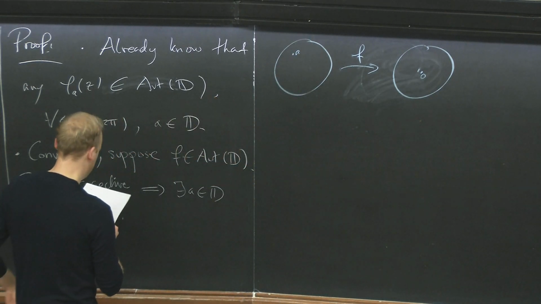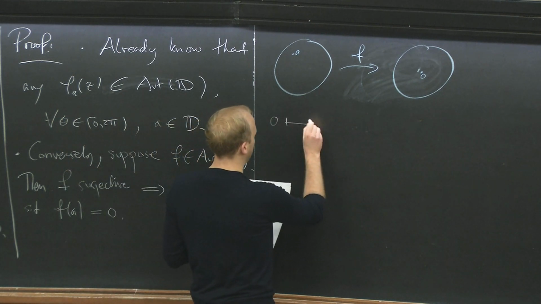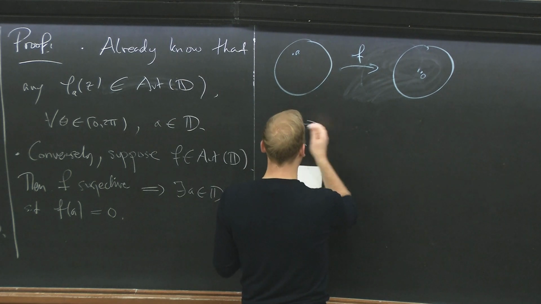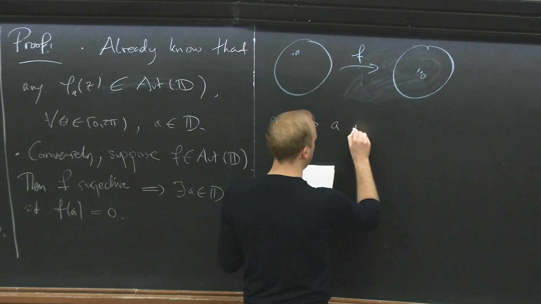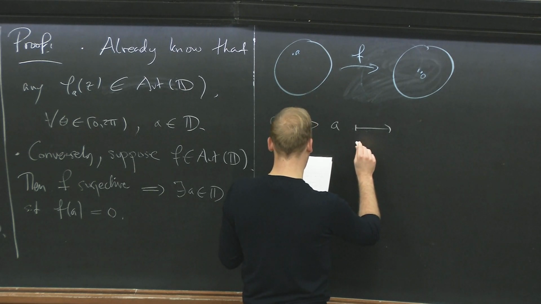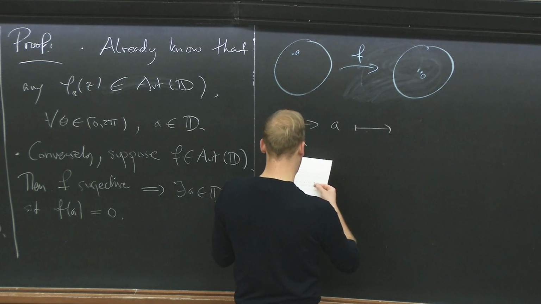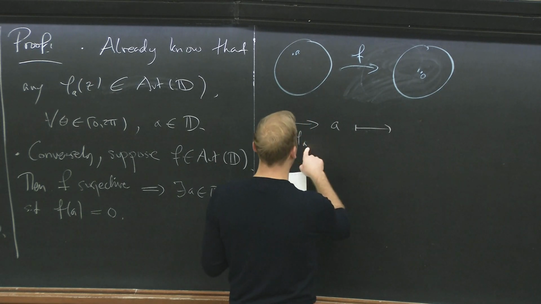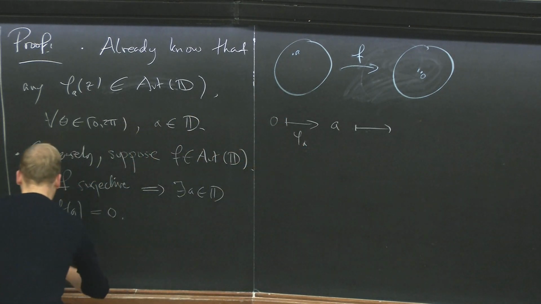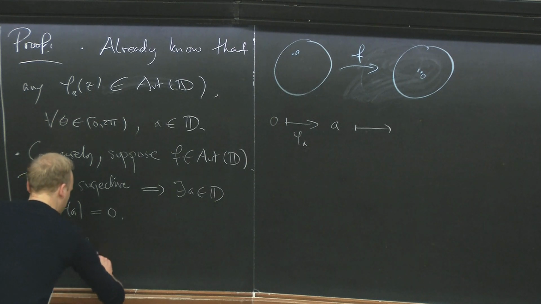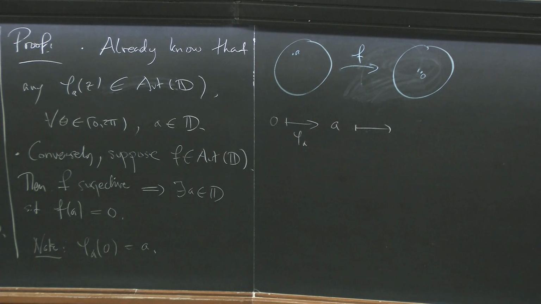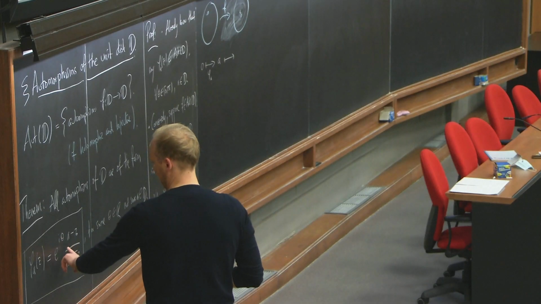And then what do we do with this? Then we get this composition of maps, which maps 0 from the disk. It maps 0 to A. If we apply phi A, we see that phi A of 0 is equal to A, which we can verify.